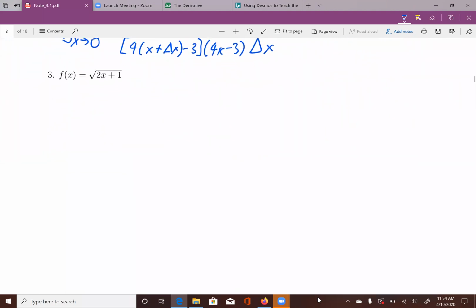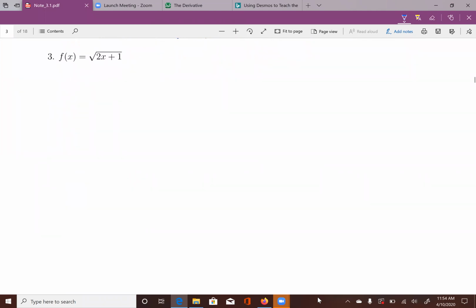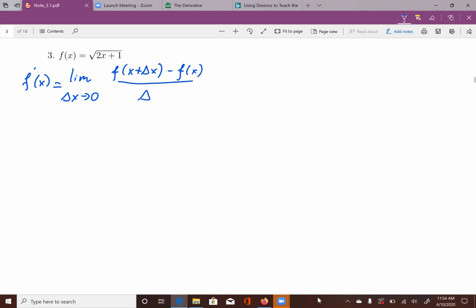How about if you have radical functions? Again, finding the derivative using the limit process uses these definitions. And again, I'm going to plug in f of x plus delta x using a different color.